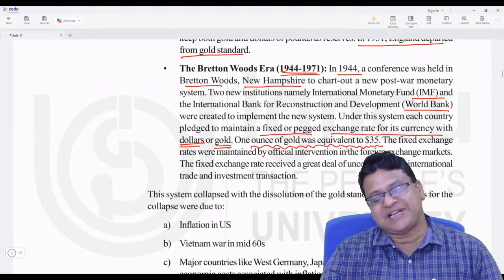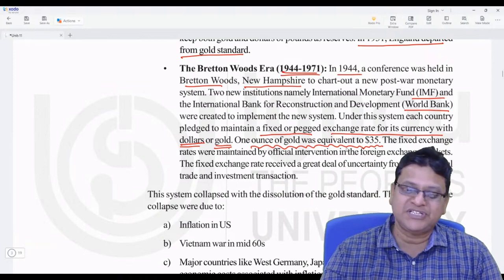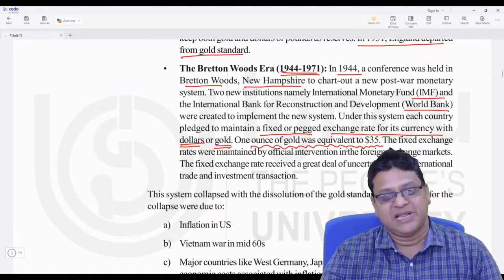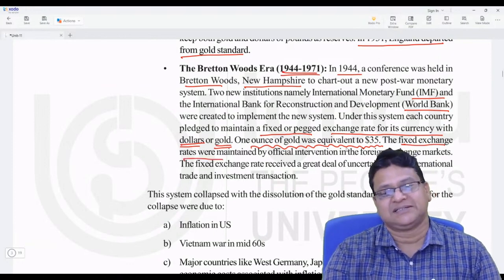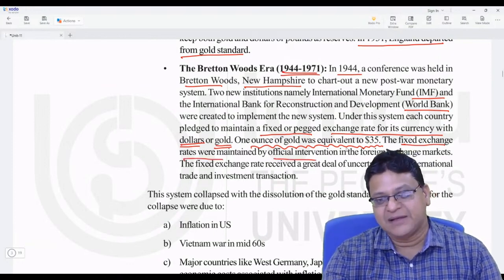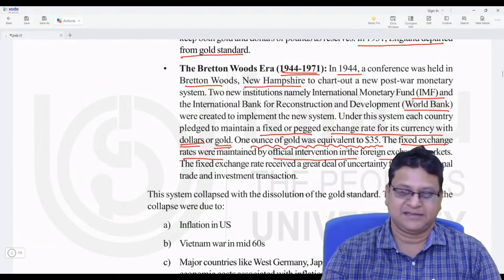So most of the countries were retaining gold reserves or dollar reserves, and they followed a fixed exchange rate which was maintained by official intervention in the foreign exchange market.